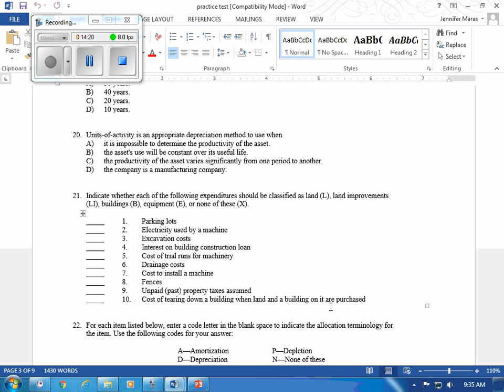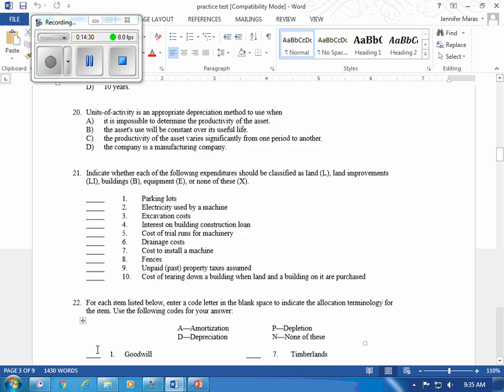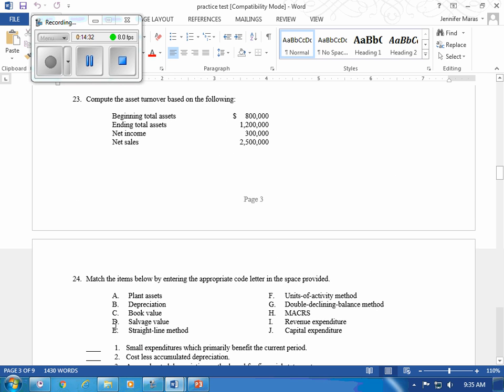Asset turnover. 2.5 times. It's a really, really good asset turnover, isn't it? So far, we've seen cents. And what that means is for every $1 of assets, it's yielding $2.50 in revenue. They're doing well. Okay.